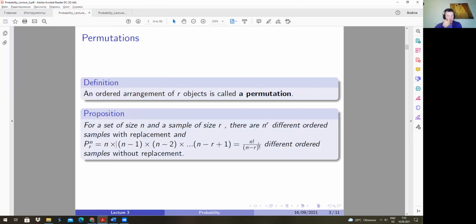We usually use this short formula, n factorial over n minus r factorial, for different ordered samples without replacement. Let me show you an example, and then we will come back to this definition to understand better what it is about.